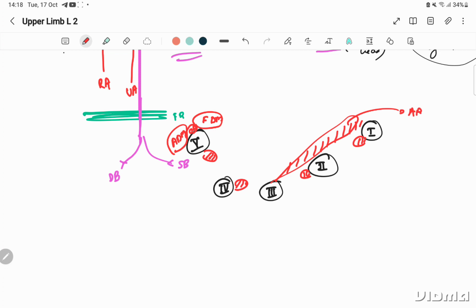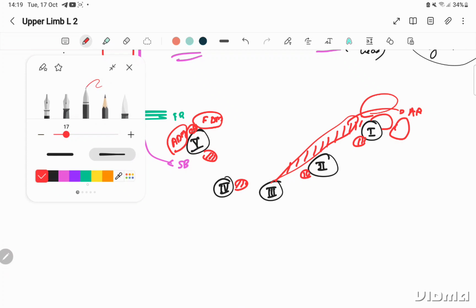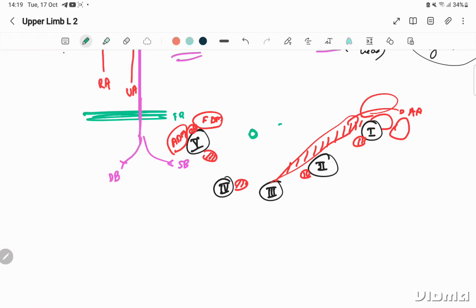This is the adductor pollicis here, and you can have 3 muscles here, the thenar eminence, and you can have the tendons too. These 4 tendons, okay, and the lumbricals attached to them.